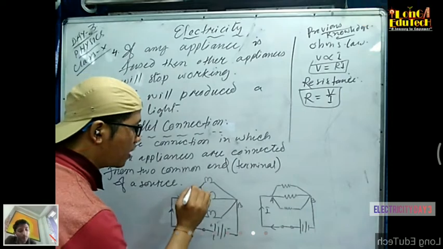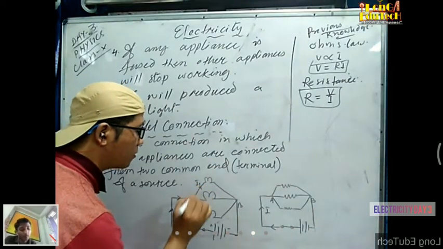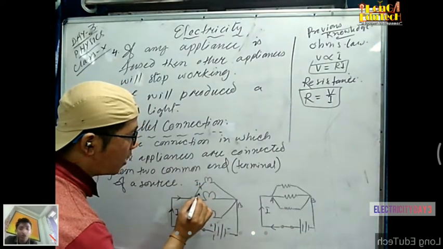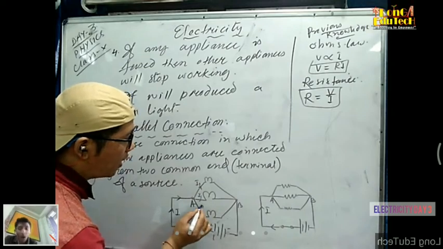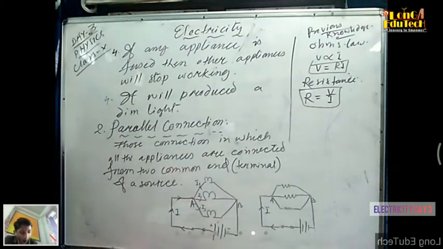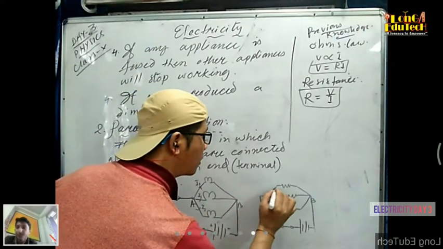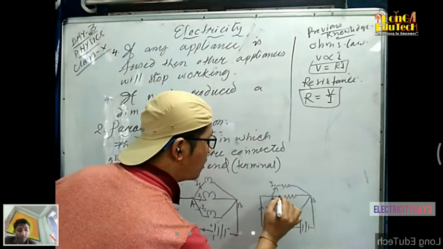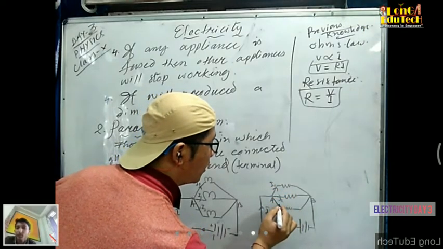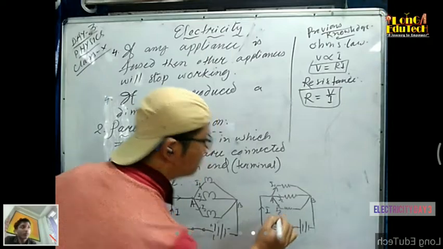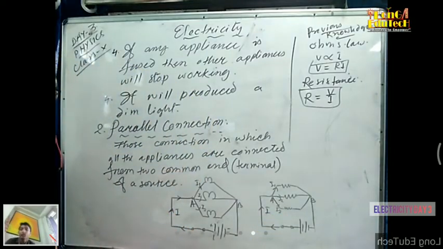So here the current I1, here current I2, and current I3 will be there, because they are connected from the two common endpoints, I1, I2, and here I3.